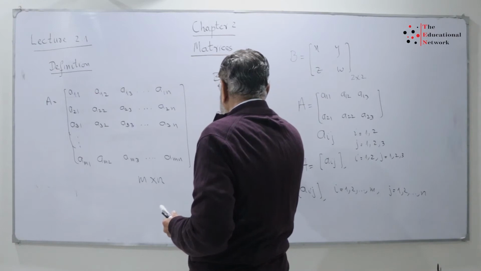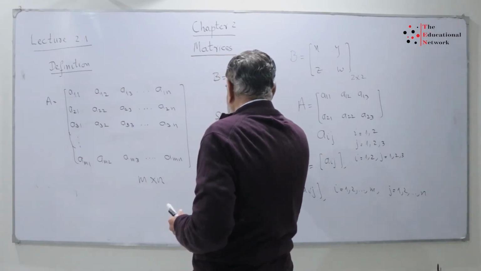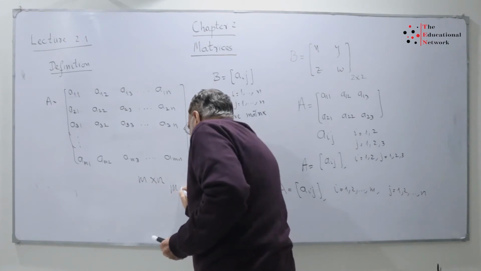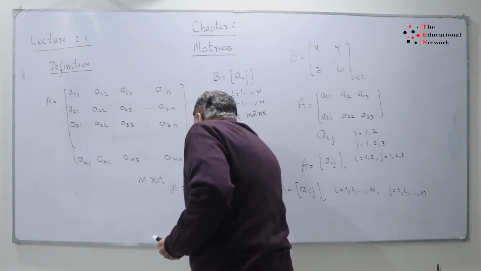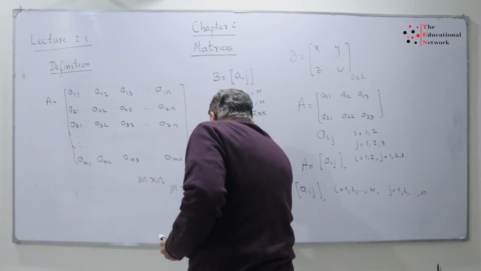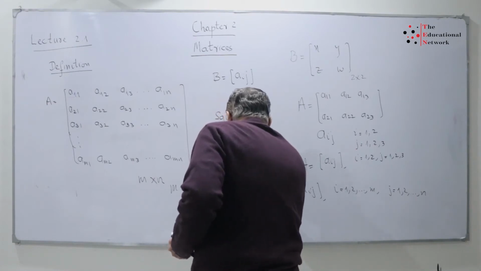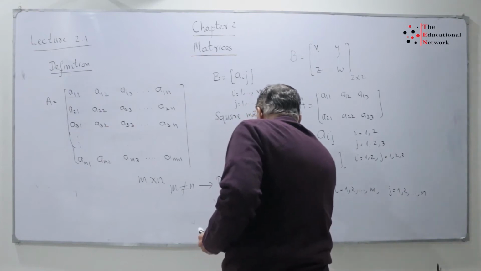Why? Because the rows are equal to the columns. And in this case, where m is not equal to n, we call this a rectangular matrix.